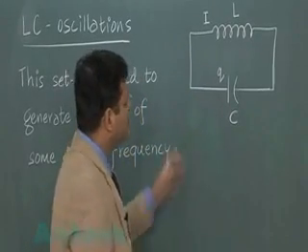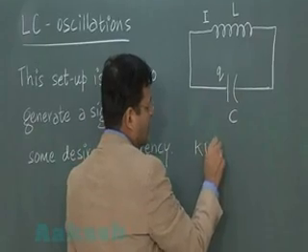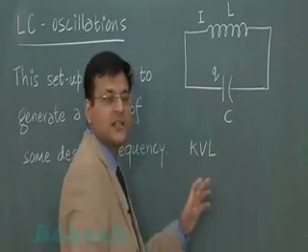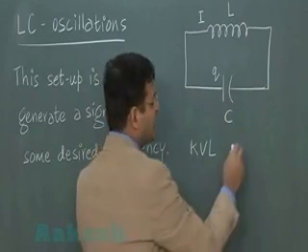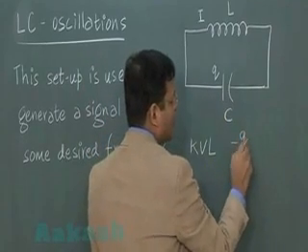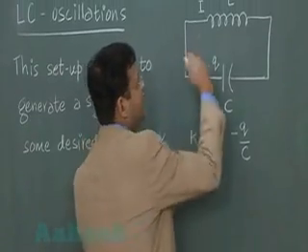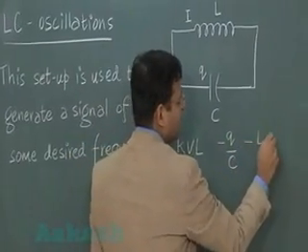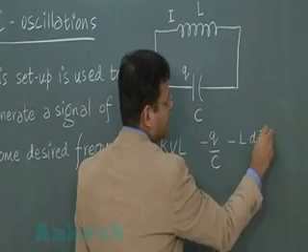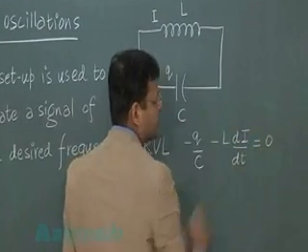Now if you invoke Kirchhoff's voltage law, it says that once you are jumping across this capacitor, there is a potential drop equal to minus q by C, and the potential drop across the inductor will be minus L di by dt, and that will be equal to 0.